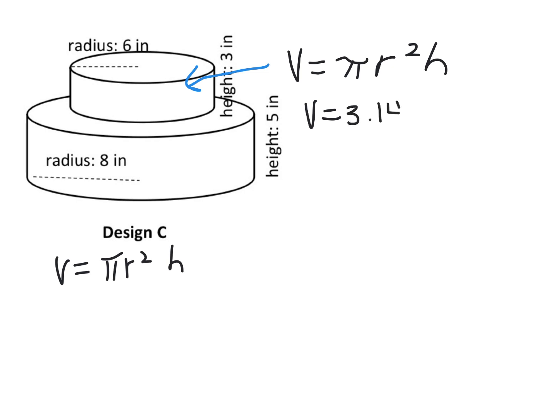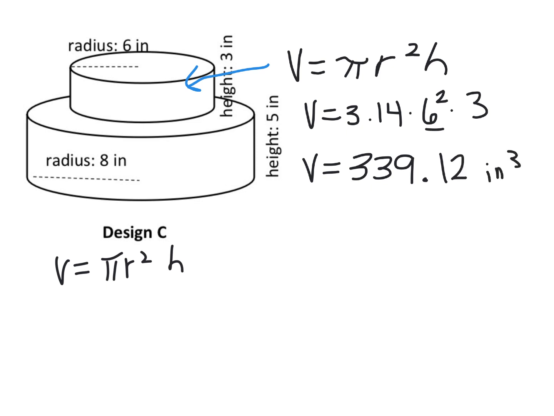The 3.14 times 6 squared times the height of 3. So this is 36. So 3.14 times 36 times 3. And we get 339 and a little bit, 0.12, inches cubed. So I'm going to write that right here.